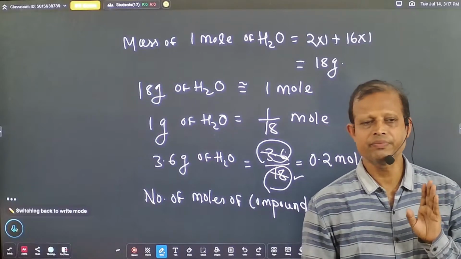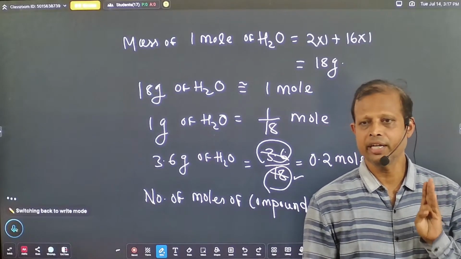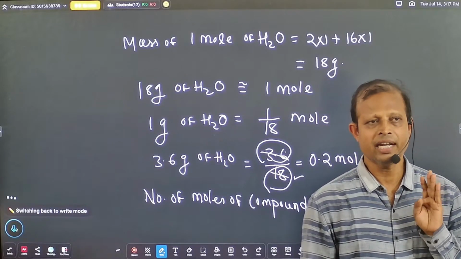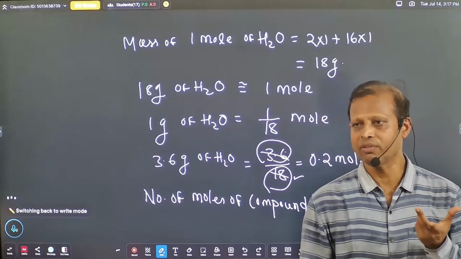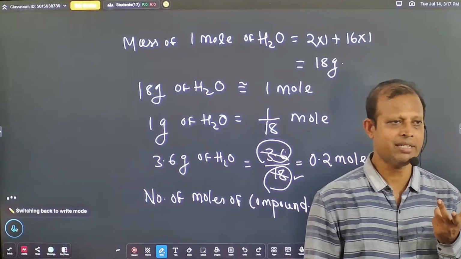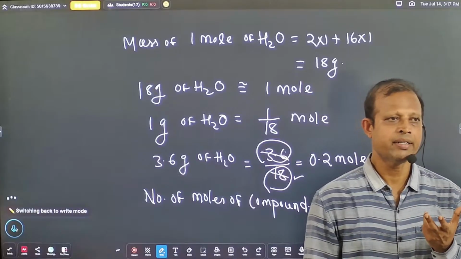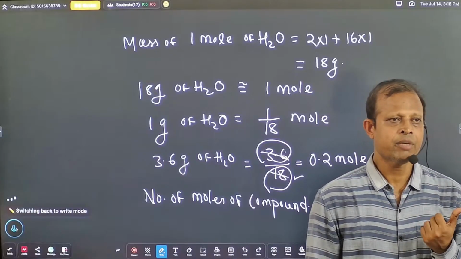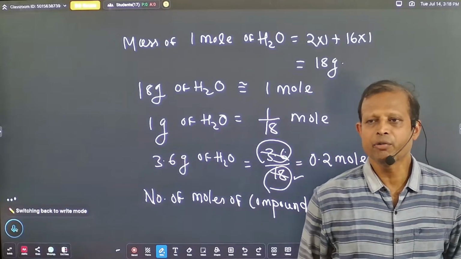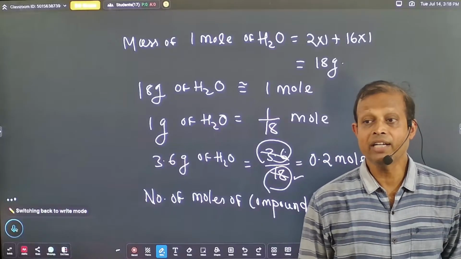Suppose N2. N2 stands for nitrogen. Nitrogen is in the combined state. Yes or no? Suppose 14 gram of N2 equals how many moles?